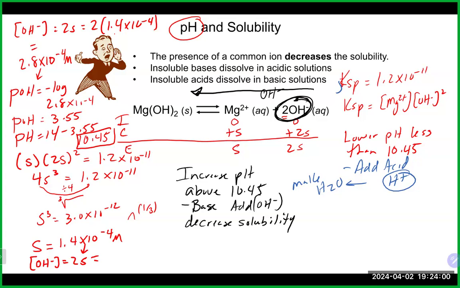And it also is, for example, when you talk about qualitative analysis, group two, which we don't do anymore, group three, they both are precipitated out with hydrogen sulfide gas or sulfur. But the difference between them is actually the pH of those things. One is very acidic, and that allows group three to stay in solution and not come out.